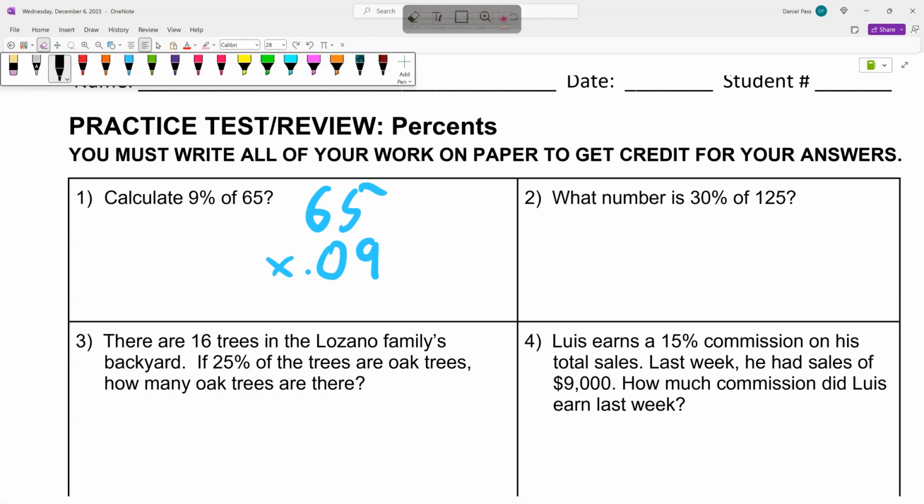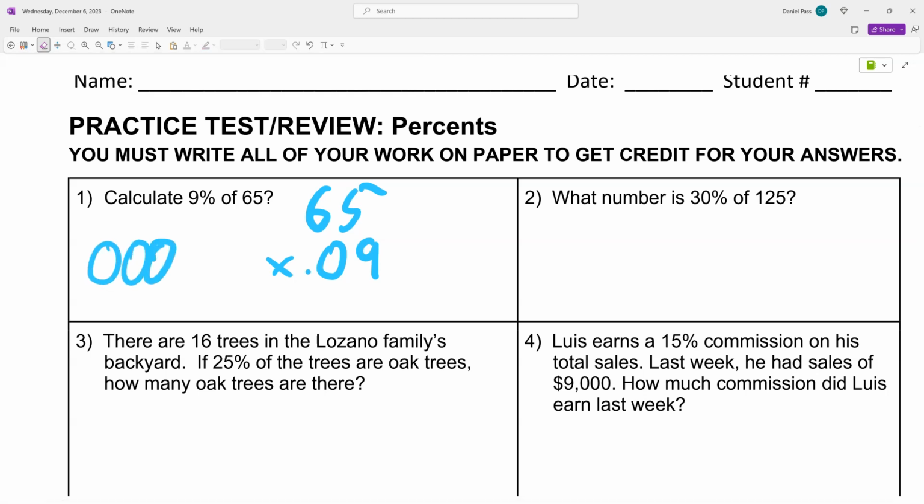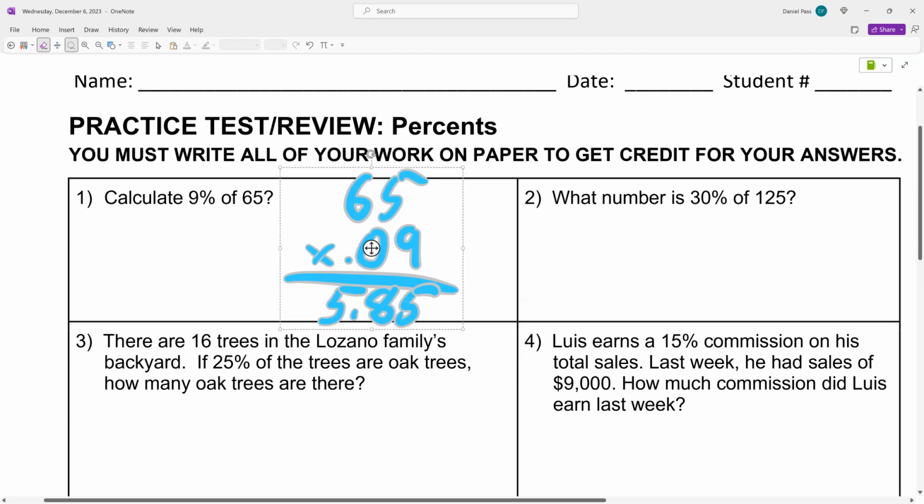I mean, you can put it if you want, but it's like writing $0.000.09. You don't need that zero. So 65 times 0.09, what's the answer? 5.85, exactly.